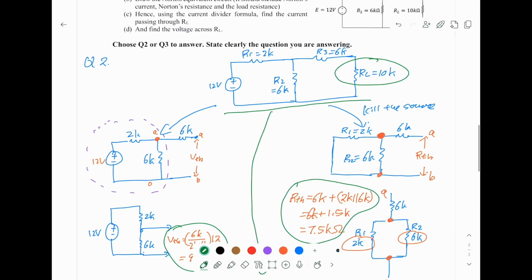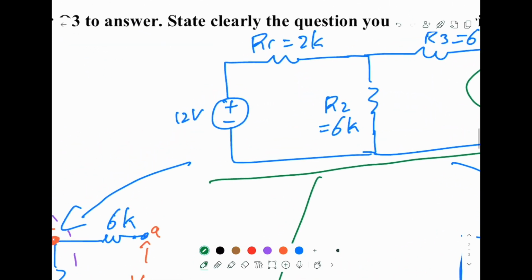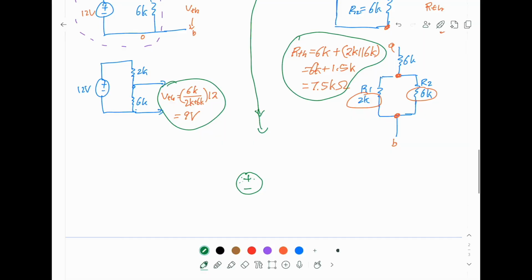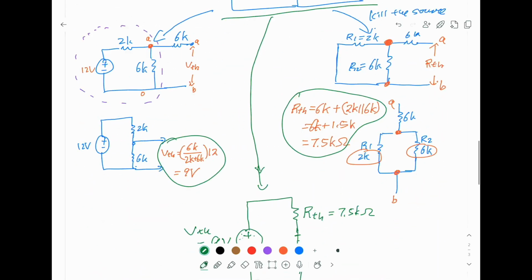Now remember, this is not 12 volt anymore. You must replace the 12 with the Thevenin voltage you just found, which is 9 volt. The first resistor here is your Thevenin resistor, which is what you found, 7.5K ohm. Now you put your load RL back into the circuit. For the load, this is 10K ohm.